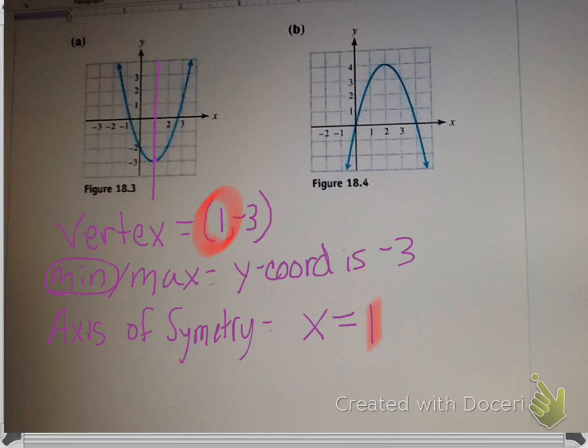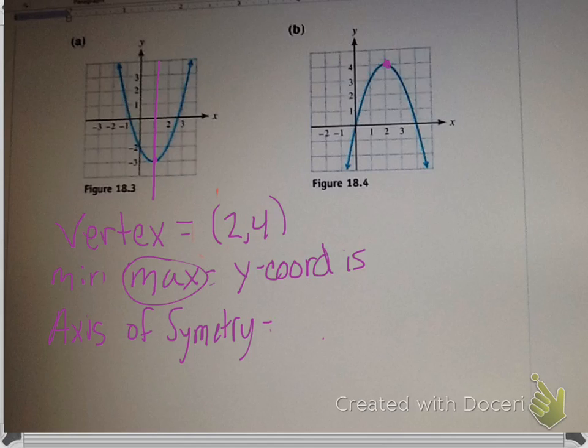Okay, so let's try the other one. Let's try figure 18.4. So the vertex is right there. So the vertex is the point 2, 4.